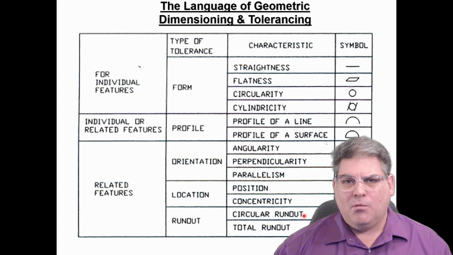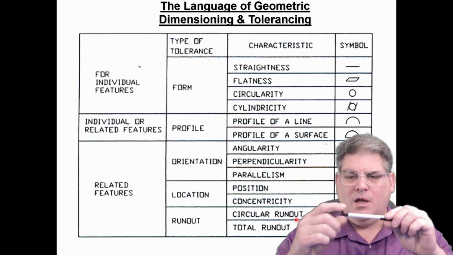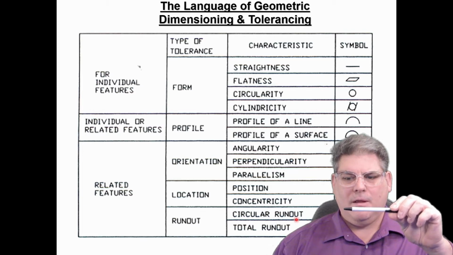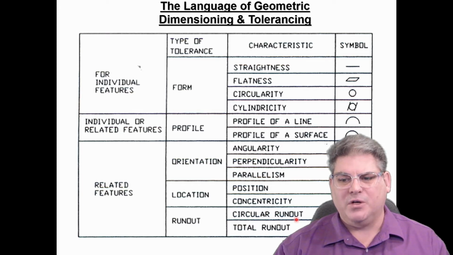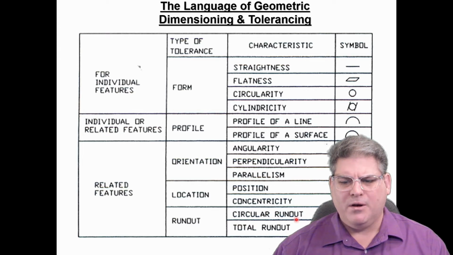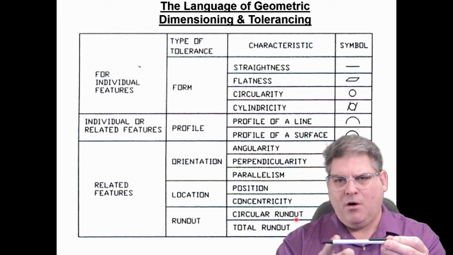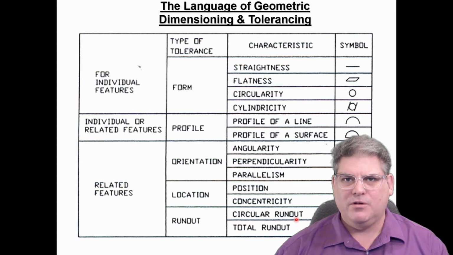Now, runout is something that is very easy to imagine and very hard to apply. Okay, so circular runout, if I had a cylinder, you can imagine at a single point I measure how round it is, and so it's basically the opposite of circularity, and that's fine. But total runout, now I have to define every point on this cylinder, and it becomes difficult to measure.